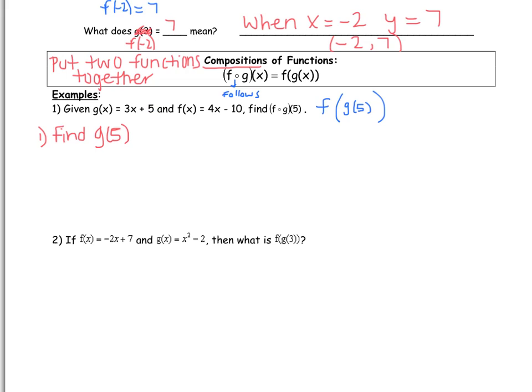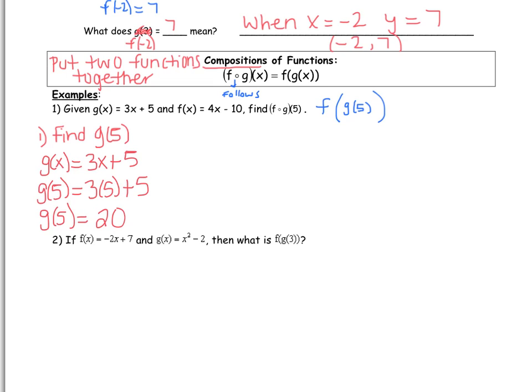I like to rewrite it. You don't have to do all this work if you understand. So for g of 5, we plug in 5 every time I see an x. So g of 5 should equal 15 plus 5, which is 20.